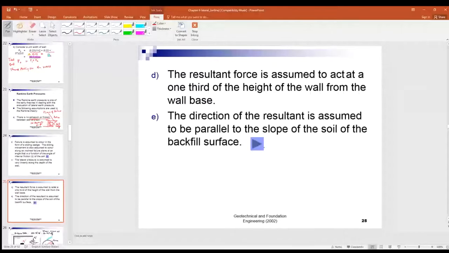Now, let me draw a diagram to illustrate what that means. If you have a retaining wall, sometimes you do not have a flat surface. Just like in Hong Kong, we always have a sloping angle. So if that is beta, the direction of the resultant is assumed to be parallel to the slope of the soil at the backfill surface.